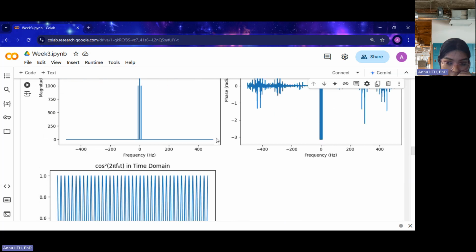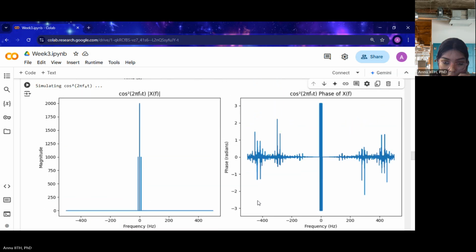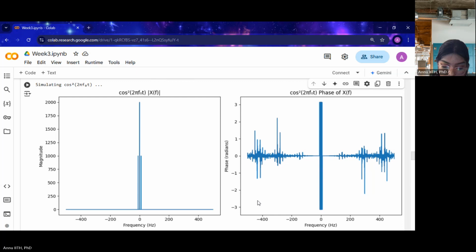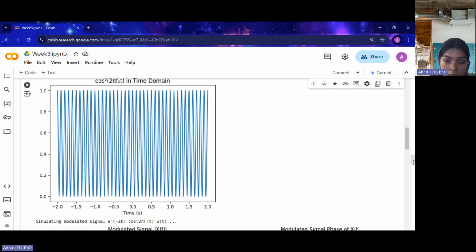Just see this one. Cos square 2 pi f naught t in time domain.